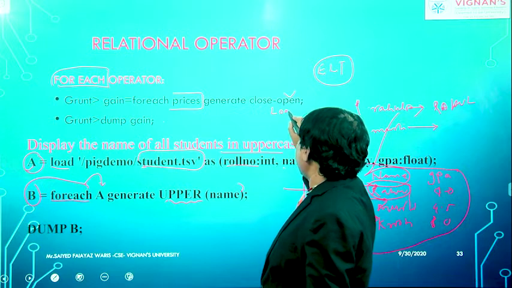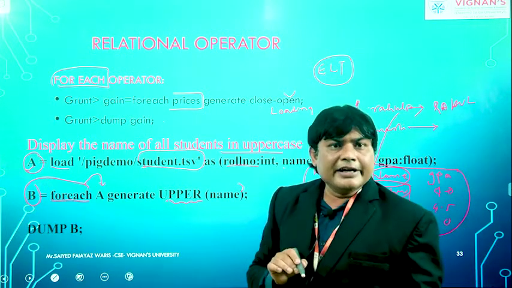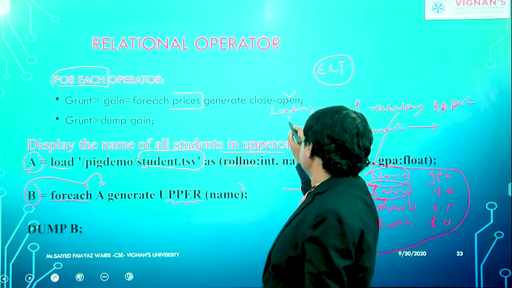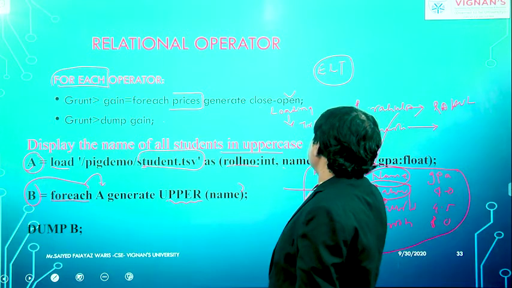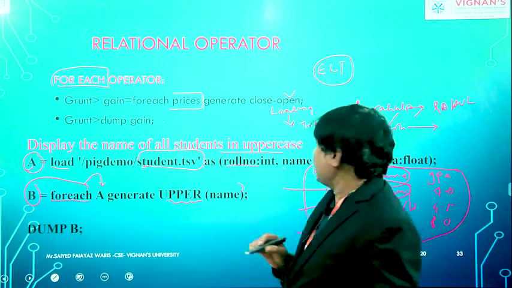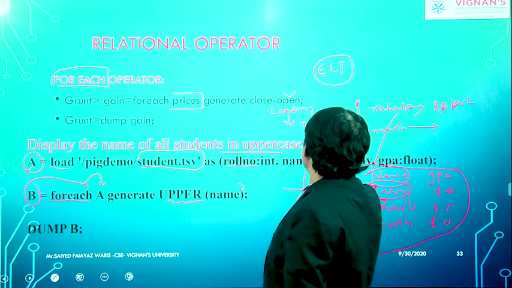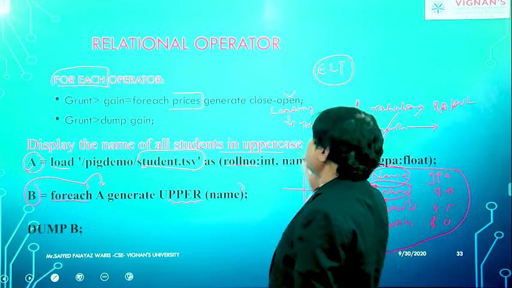Very good, I did loading. Then what did I do? I did some transformation. Yes, I transformed this data, because I changed the data. And what am I going to get now? I'm getting some results.